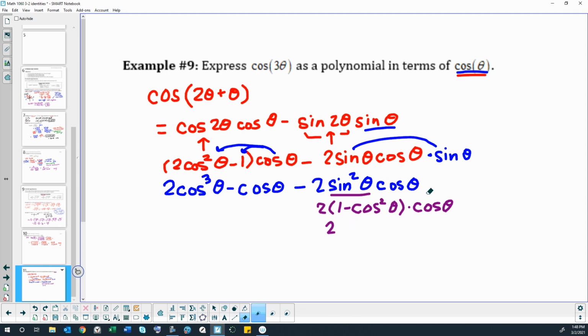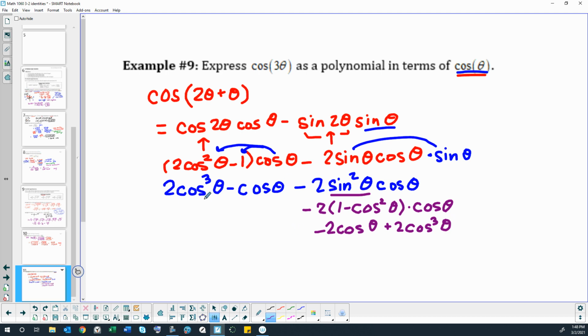So I have 2 times 1 times cosine theta, which is going to be 2 cosine theta. And then we'll have, oh, it's negative as well, right? Then we'll have negative 2 times negative cosine squared times cosine. So that's going to turn that into a positive 2, because there's a negative times a negative. And then we have a cosine squared and a cosine, so that's a cosine cubed.